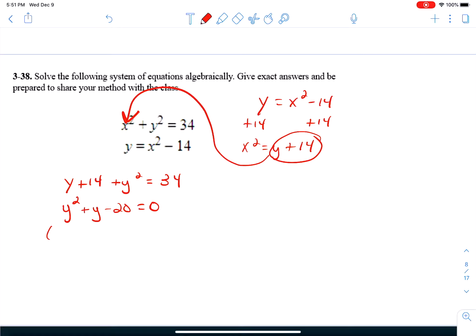Factoring that quadratic, I have y plus 5 and y minus 4. So solving for y is negative 5, or y is 4. So remember, I need to write my solutions as ordered pairs, because what I'm really trying to figure out is where this line intersects this circle. So I need to plug my values for y back into one of the equations.